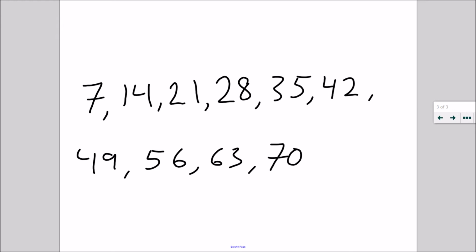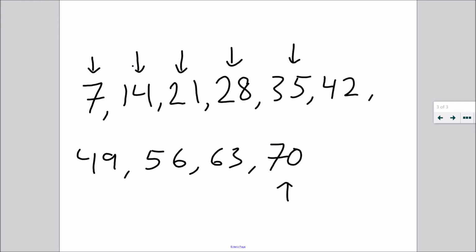But if you know your times tables, you might realize this is 7 times 1, 7 times 2, 7 times 3, times 4, times 5, all the way up to 7 times 10. All I've done is list the products of my 7 times table.